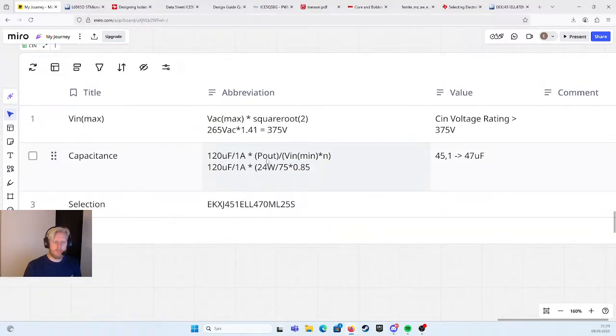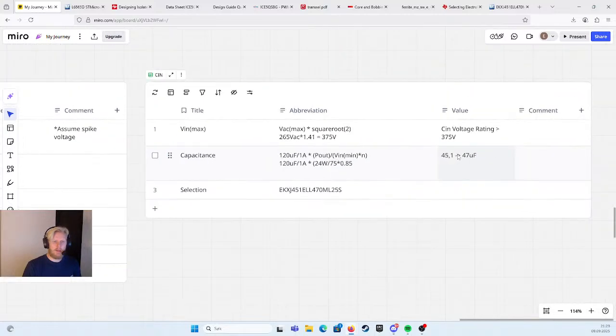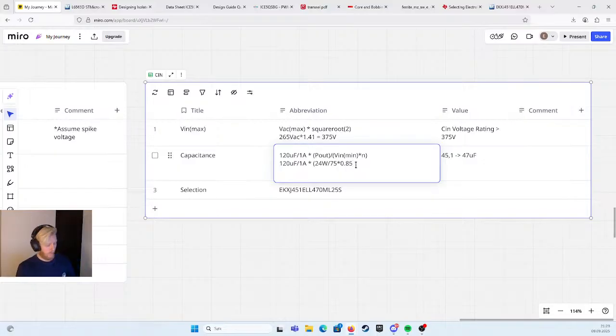This basically needs to be chosen so that it has the right amount of capacitance to store that energy that the power output needs. Then you could look at this equation right here.